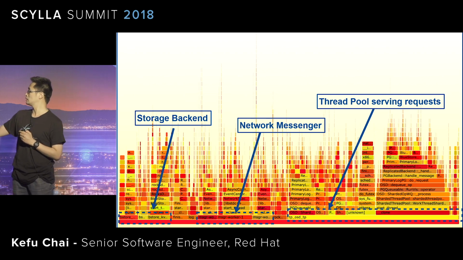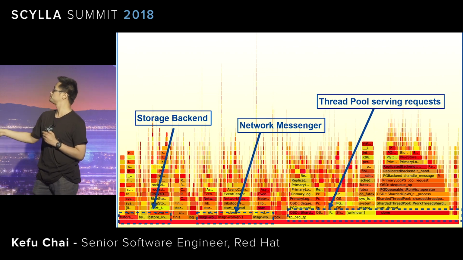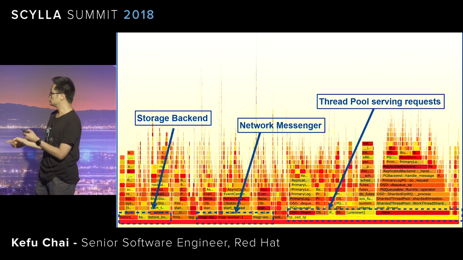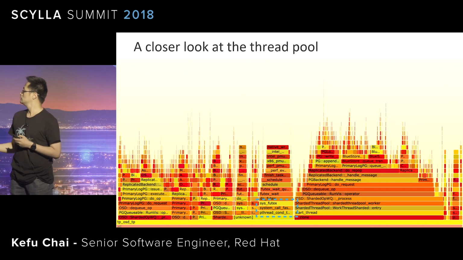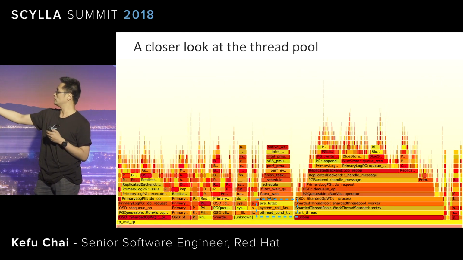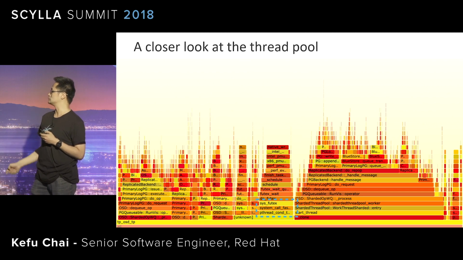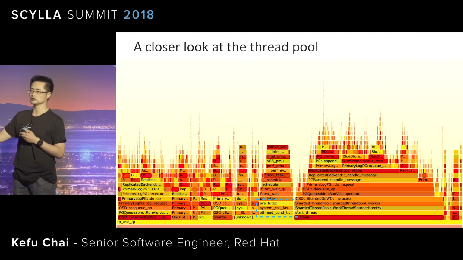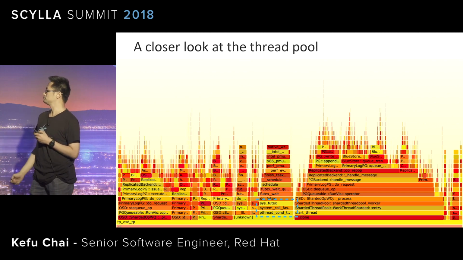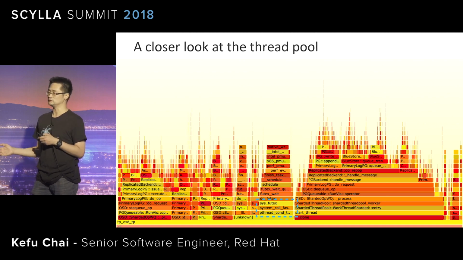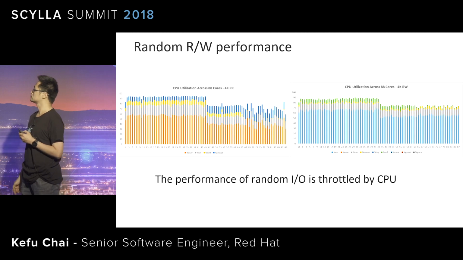Let's take a closer look at the thread pool. Apparently quite a lot of time was spent waiting for the mutex. Put another way, the threads are competing with each other for CPU.